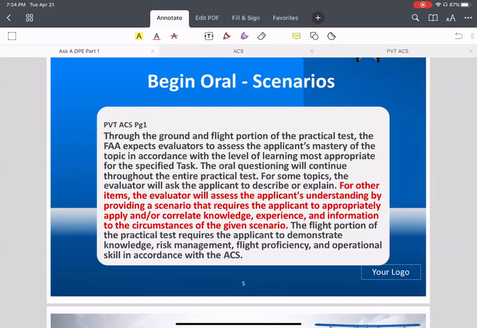So this is kind of the briefing that everybody gets before they start the flight test, and then I talk about the actual scenario they're going to have, like a VFR cross country to Tallahassee. We're going up for a football game, and we apply some general overall scenario, and then we try to keep our questions along that scenario throughout. Sometimes we'll throw some standalone scenarios in as well.